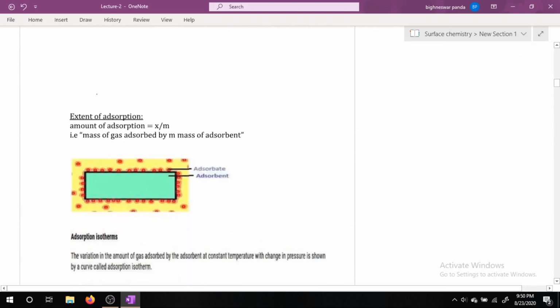Next, the most important thing, that is extent of adsorption.